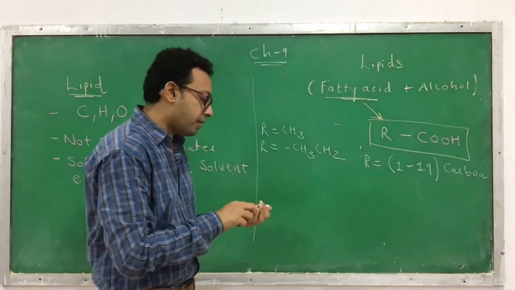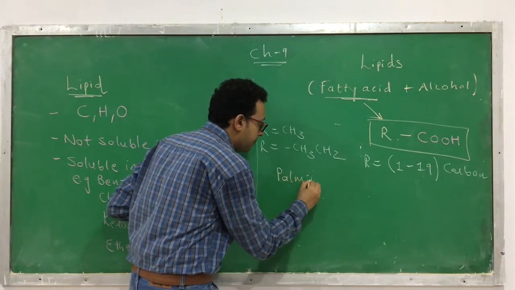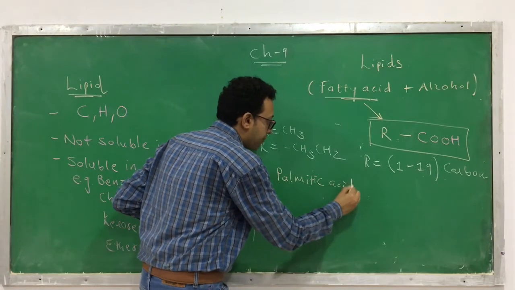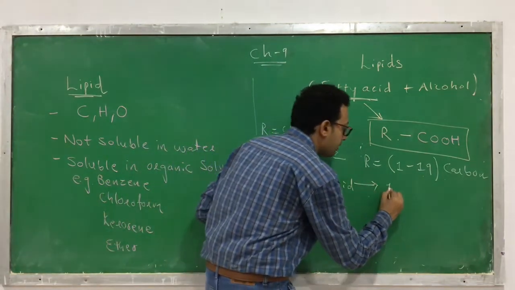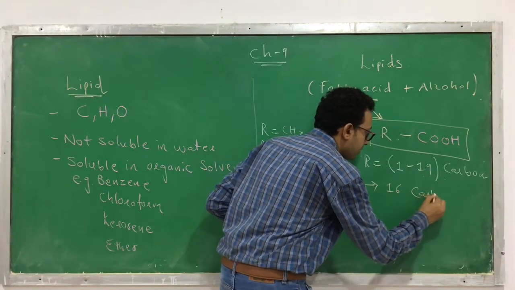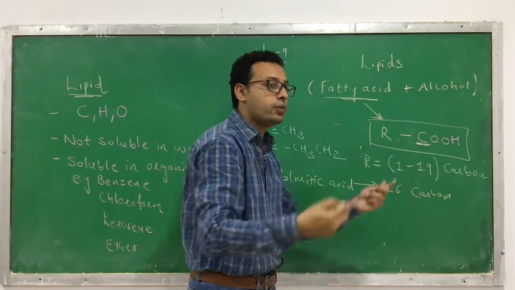I will give you two examples. The first example of a fatty acid is palmitic acid. It contains 16 carbons, including the carbon of COOH, because the COOH also contains 1 carbon.